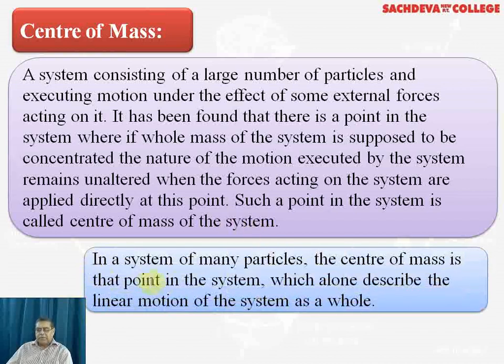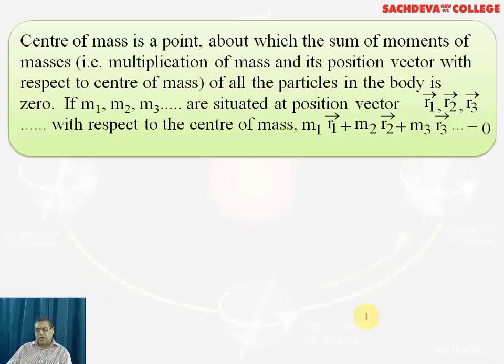In a system of many particles, the center of mass is the point in the system which alone describes the linear motion of the system as a whole. Center of mass is a point about which the sum of the moments of the masses is zero. When we use the term moments of the masses, we are referring to the product of the mass of the particle and its position vector, that is, the radius.